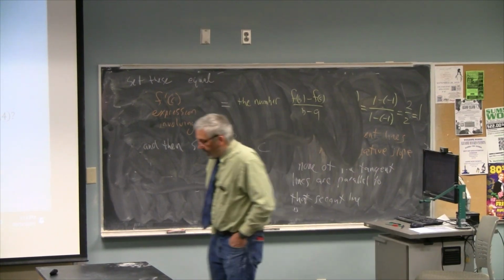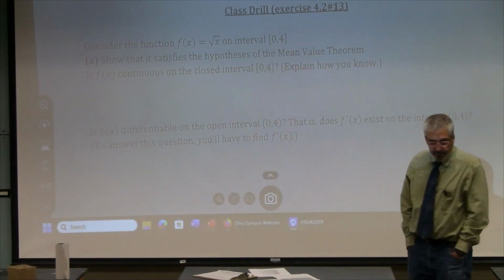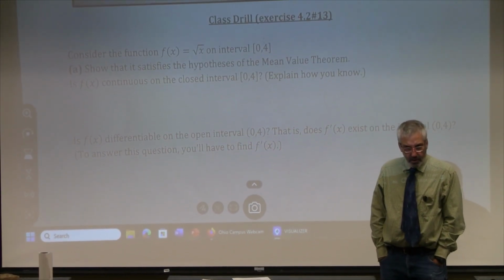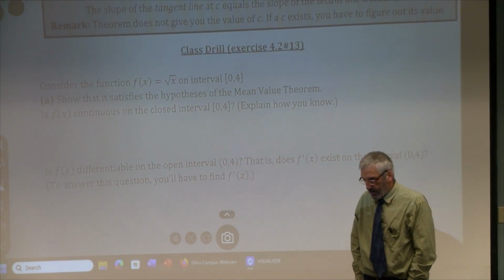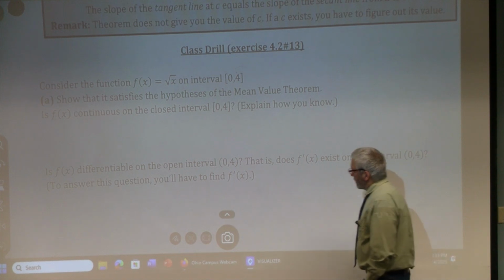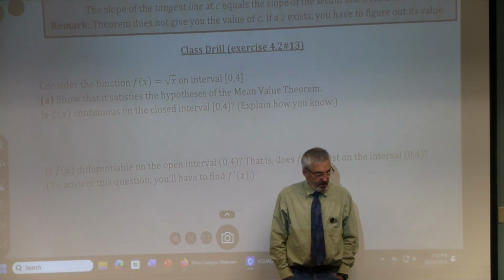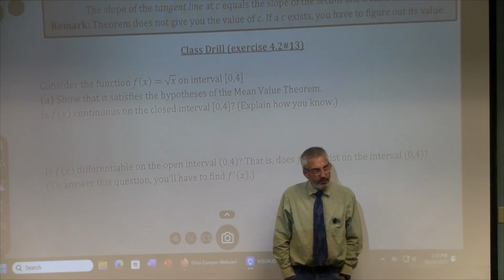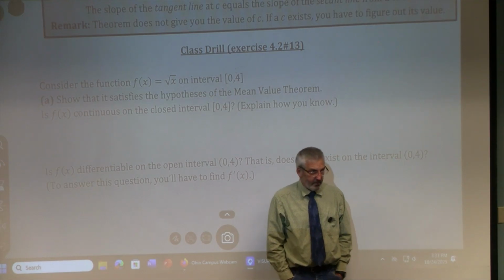So what about question A? Is our function continuous, and if so, how do we know? Yeah, it is continuous. It's a property of the square root function, but really, we've discussed the slogan that polynomials are always continuous.